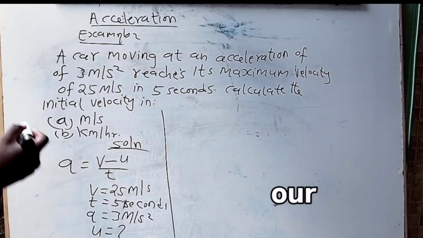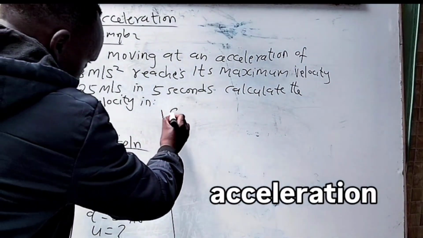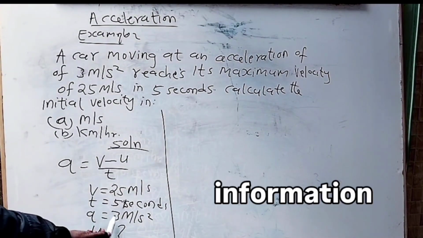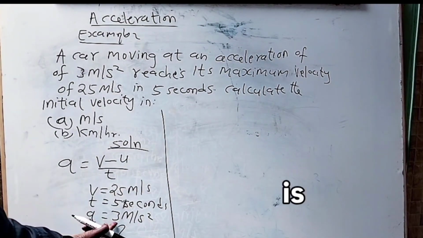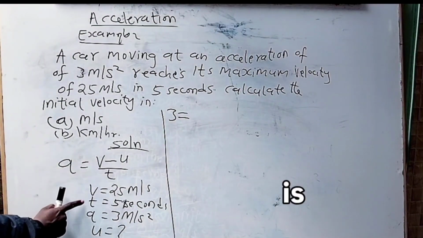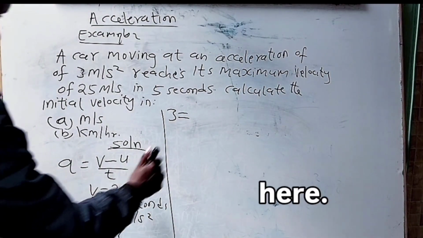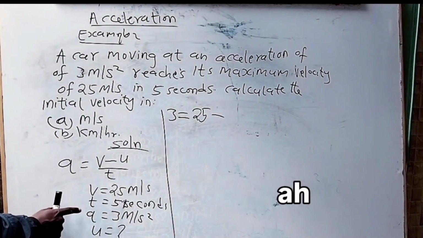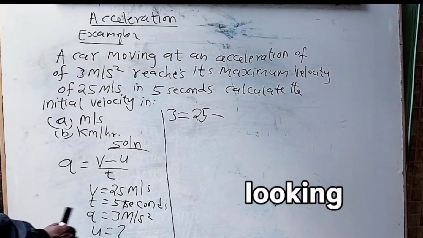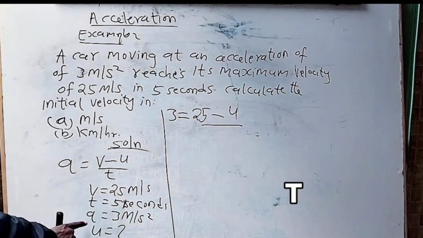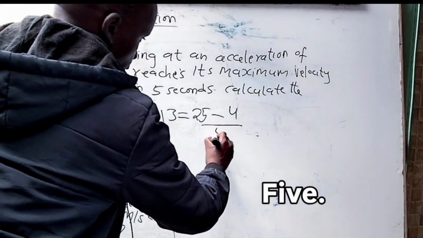So using our formula, we fill this information in. Acceleration is 3, so we write 3 is equal to v, the final velocity, which is 25, minus u, because we are looking for u, over t, which is 5.